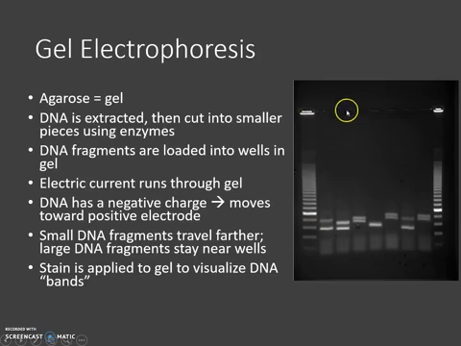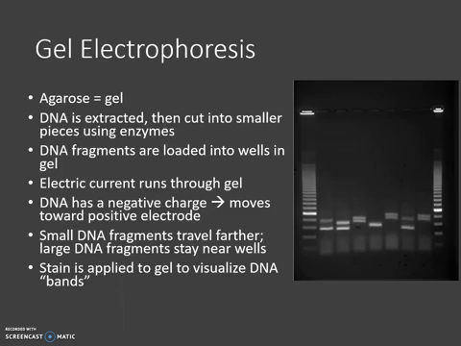So all the DNA is loaded up here, and then an electrical current is run through the gel. And that electrical current causes the different segments of the chopped up DNA to separate out from each other. And that's because DNA has a negative charge, and so it moves towards the positive end of the current.